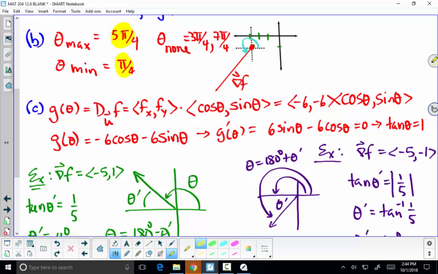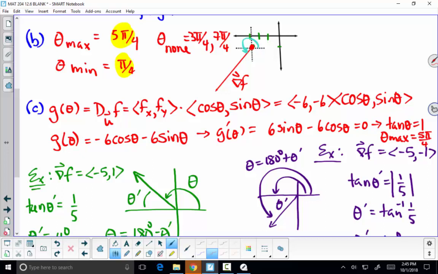So the max is going to be in quadrant 3 where the tangent is 1. That's at 5 pi over 4. The min will be pi radians away from that, which will be pi over 4. So this tells us theta max equals 5 pi over 4, the same exact max.